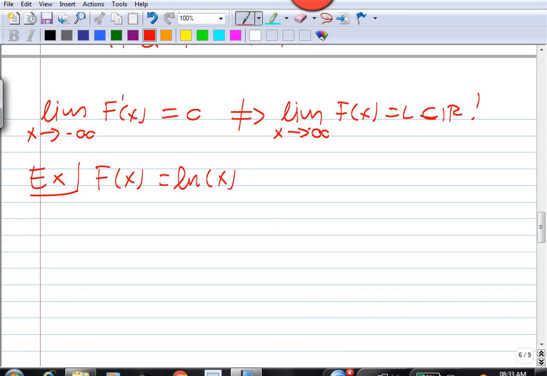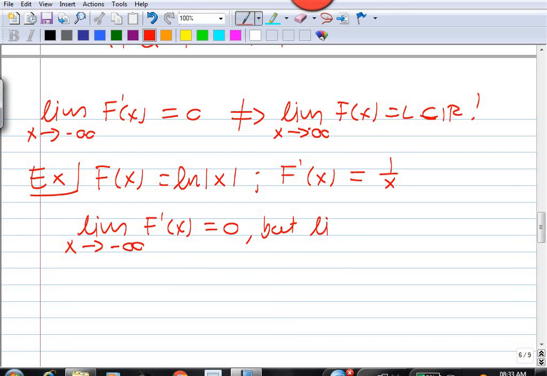is f of x equals ln x. Well, let's take the absolute value, ln |x|. Now, the derivative of this function is just 1 over x. So the limit as x goes to minus infinity of the derivative is 0.